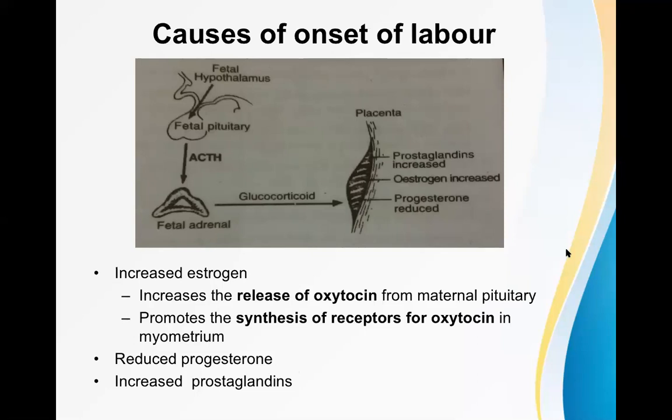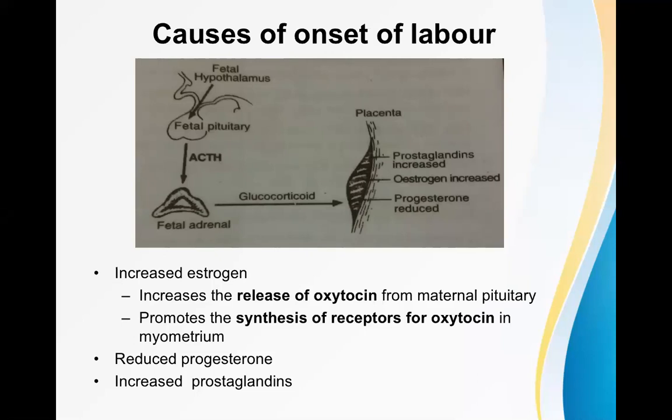And then there is increased synthesis of prostaglandin. Prostaglandin has two very important functions. One, it causes uterus contraction, and second, it causes softening and dilation of the cervix, which is very essential for the descent of the baby and delivery of the baby.